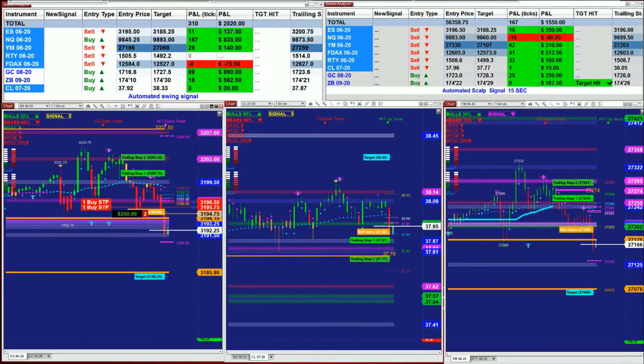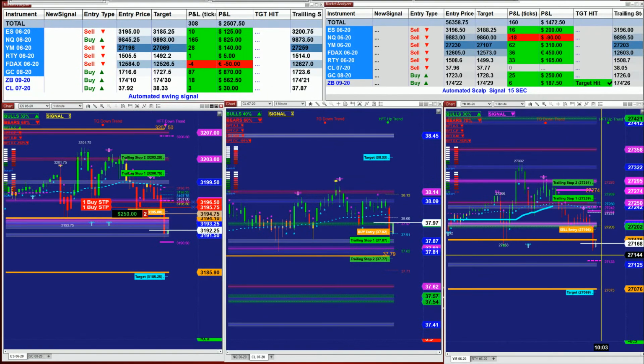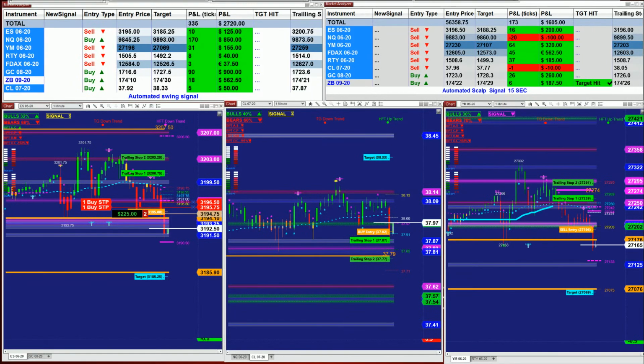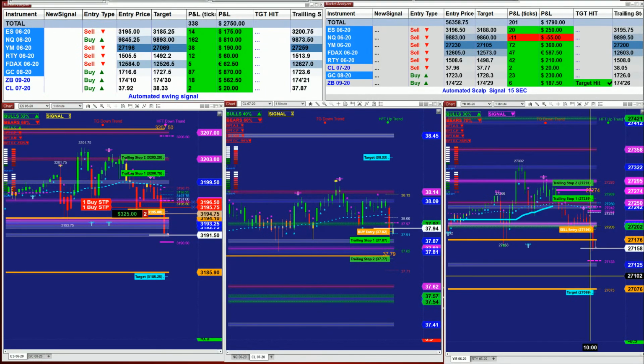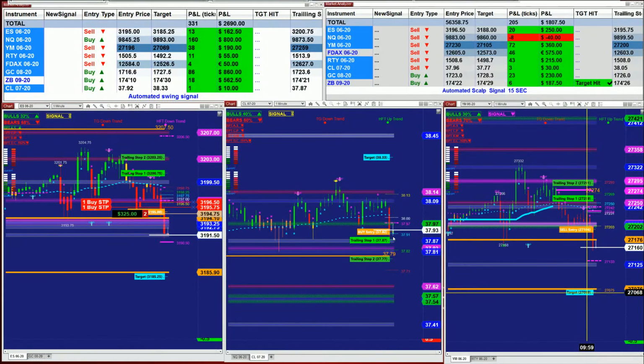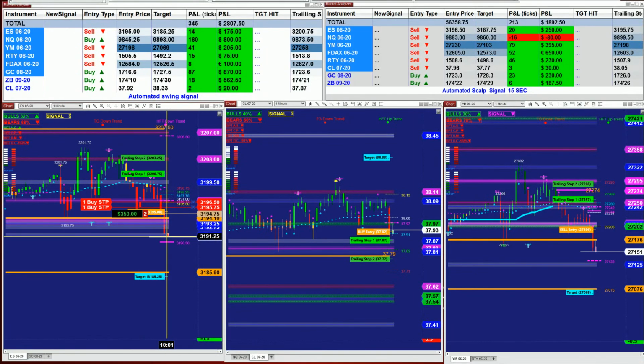So this is also, we had a sell on the YM, and the YM is gonna go straight. We have a support at 27125 and then the target 27000, but it all depends on the ES being able to break this last one right here, right now.